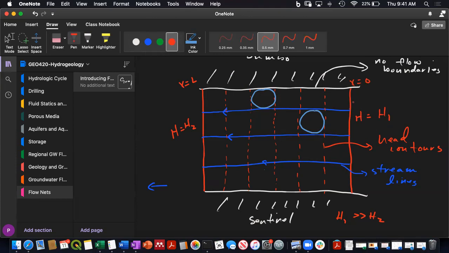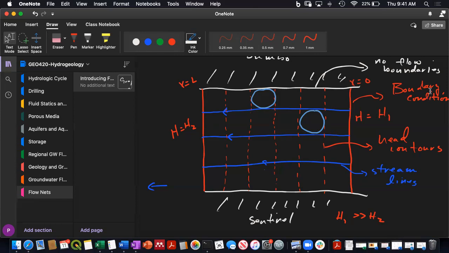These are my boundary conditions. All right, so that's the terminology and the general anatomy of a flow net.